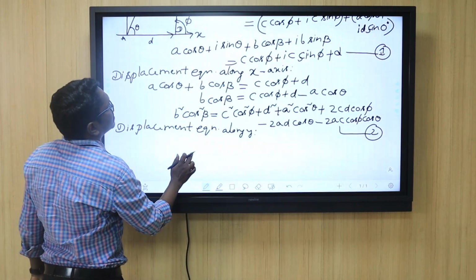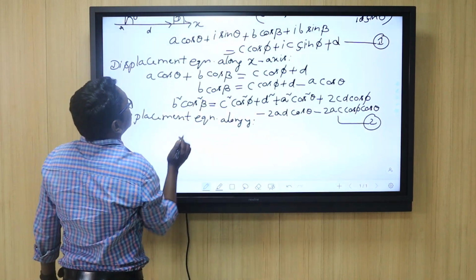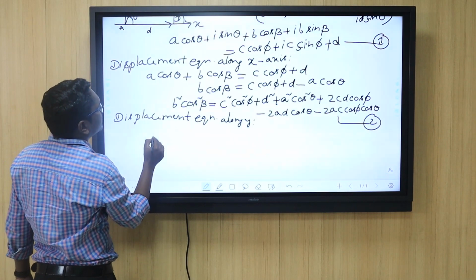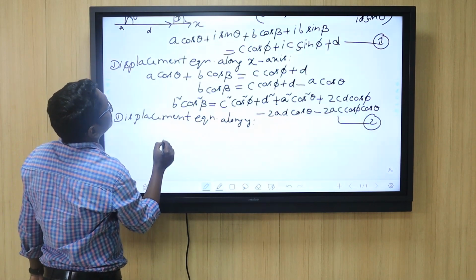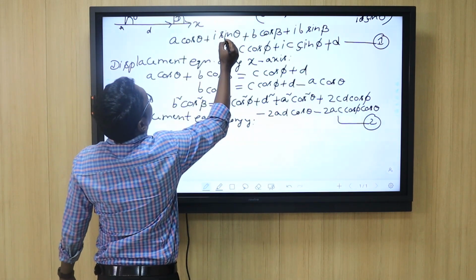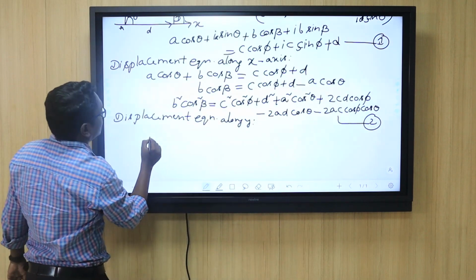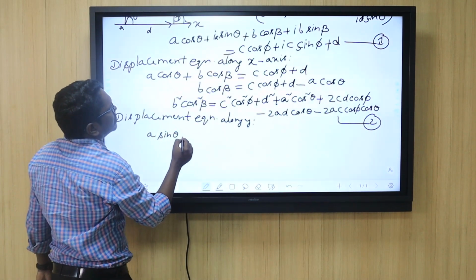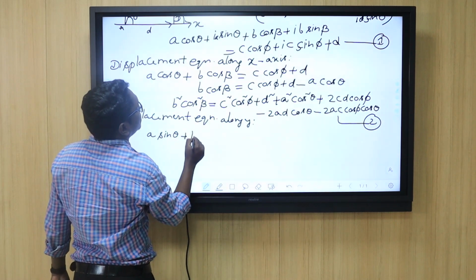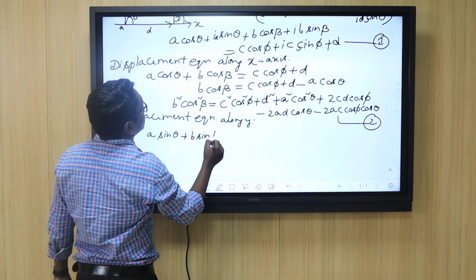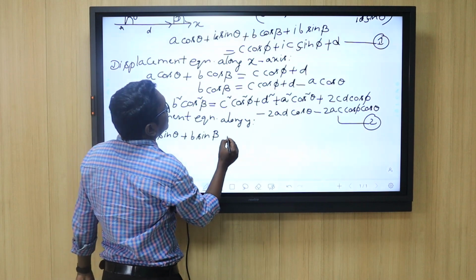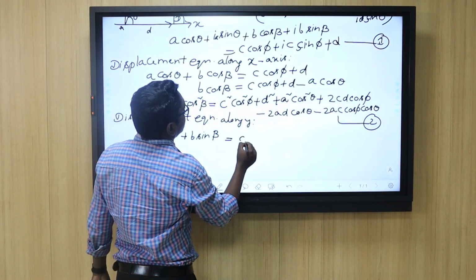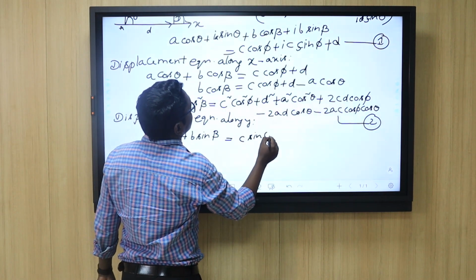Along the y direction, how do we get the equation? We have to write a sin theta plus b sin beta is equal to c sin phi.